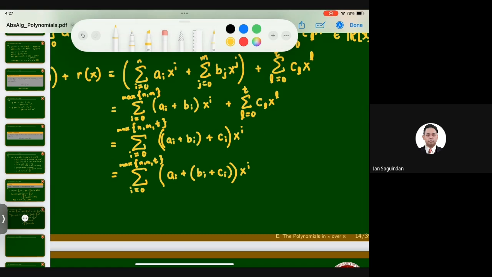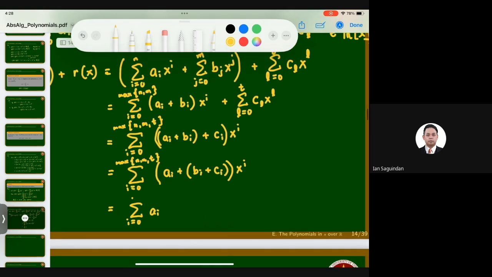Okay, so at this point, it is now safe to separate the variable i, or the polynomial bearing a sub i's. So we can have the summation of all a sub i running from 0 up to n, as far as the polynomial bearing a sub i's is concerned.